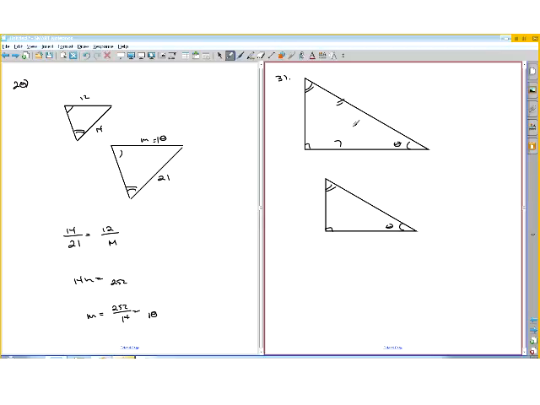So now that we have this separated, let me get rid of that little thing. Okay, so what are we given? Well, we're trying to figure out what C is. C is this big length here.